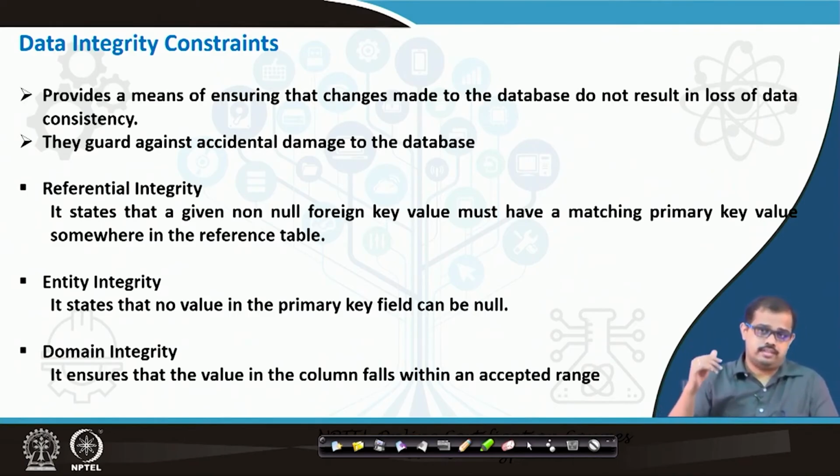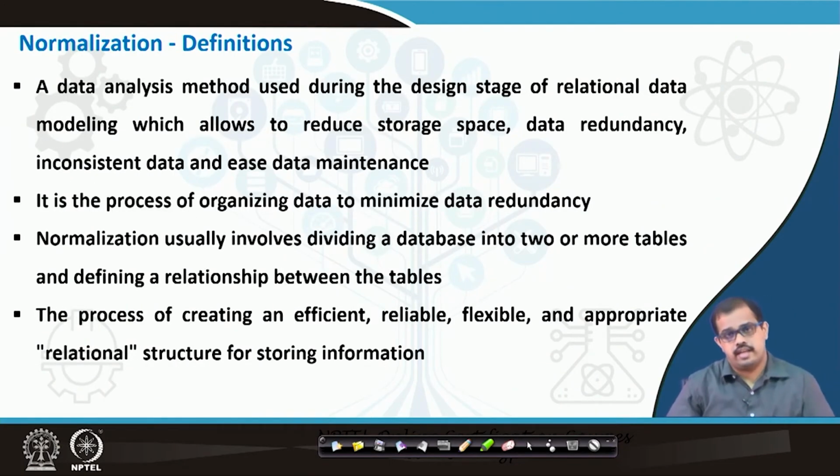That is what is called domain integrity, maintaining the domain knowledge in terms of the range of values that can be entered. It can be both qualitative or quantitative. I just gave an example of NDVI. So these are the different data integrity constraints that are there.